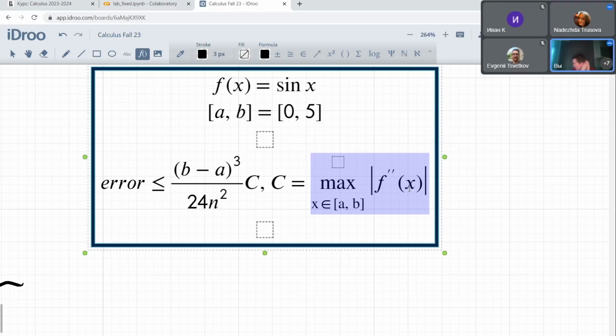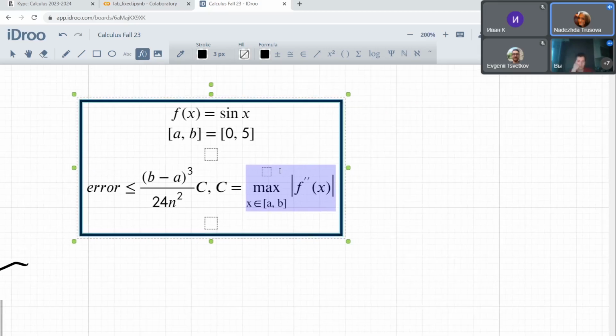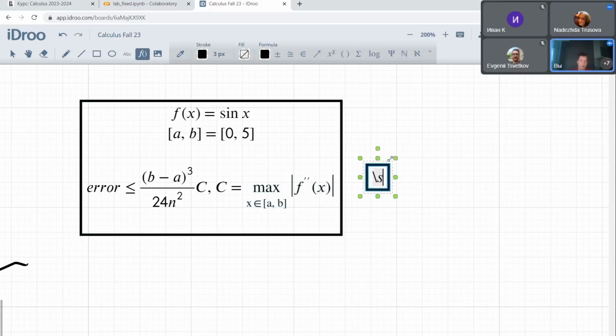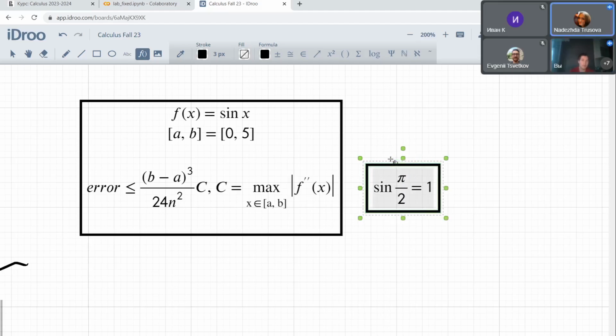First you have a sine and the second derivative is minus sine. Yes, I agree. And we have 0 and 5. Sine of 0, as we know, is 0. Maybe something where sine equals 1. Just remember this number: the sine of p over 2 is 1.